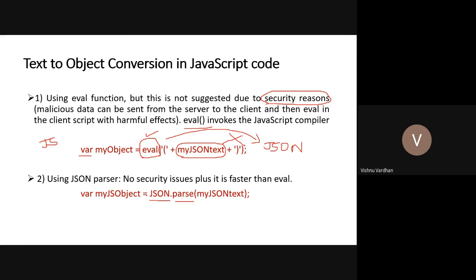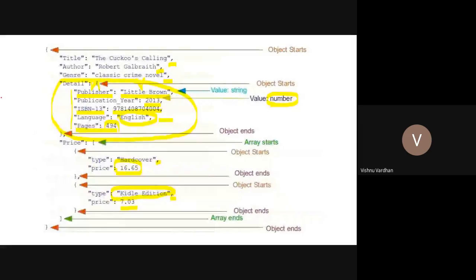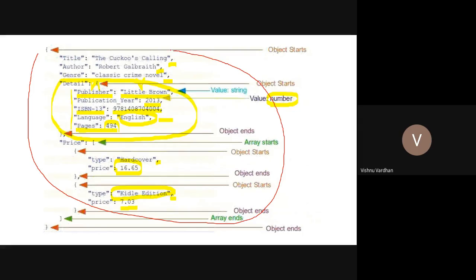Now we are falling back on that particular option, where my JS object is equal to JSON.parse, a clear-cut object given for JSON, and you simply call parse and provide the object that has the JSON data. That's all. Now my JS object has this information, which is after getting parsed.